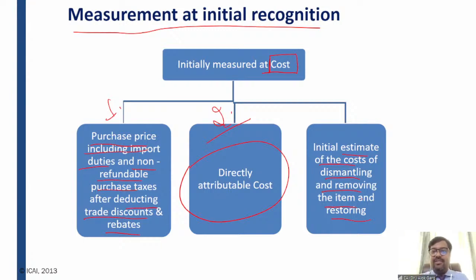So the tenant has to restore the land. When the tenant has to restore the land in the same condition, it means the tenant has to dismantle this entire factory, right? So there will be some dismantling cost in future. There will be some asset retirement obligation in future. There will be some site restoration obligation in future, right?